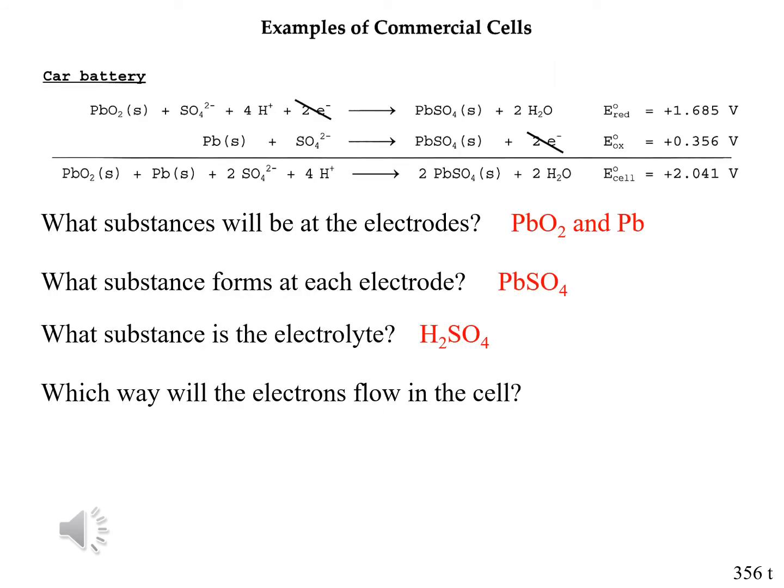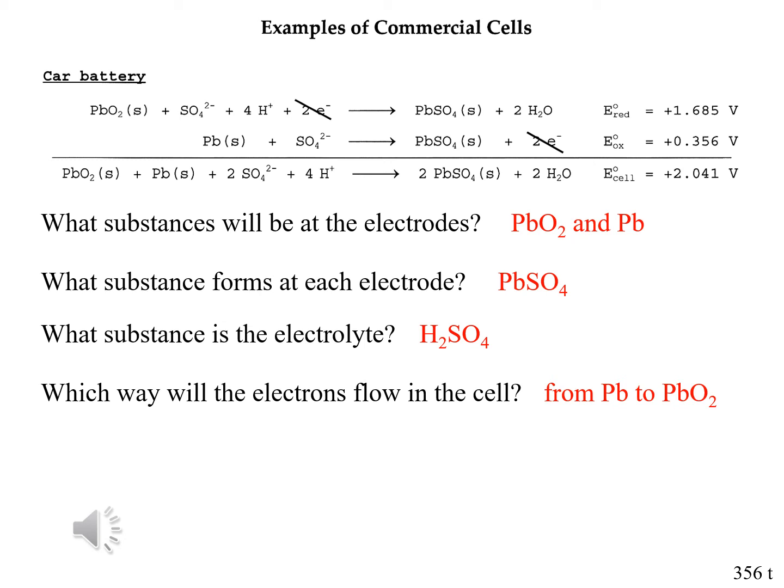Now this question is very important, and this is what you really want to understand. The question is, which way will the electrons flow in the cell? And you can tell this by which side the electrons are on in the half reactions when the battery is working spontaneously. Because Pb solid has the electrons on the right, that means that is the electrode that they are being lost from.